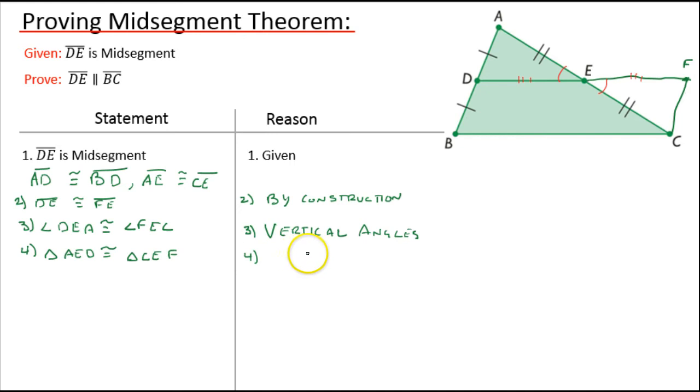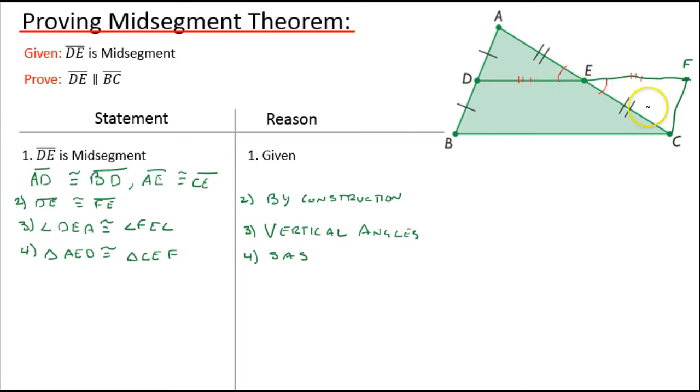And the reason is by the side angle side theorem. So if these two triangles are congruent, then corresponding parts are congruent. That's one of the theorems.